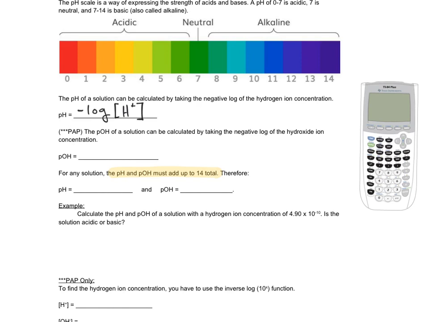So if you wanted to find pH and you had pOH, pH is 14 minus pOH. And pOH would be 14 minus pH. They add up together to 14 total. pH plus pOH equals 14. So if you can find the pH, you can find the pOH, and vice versa.